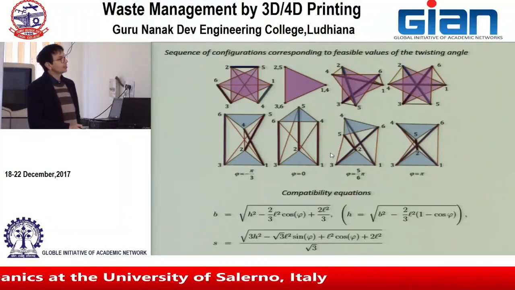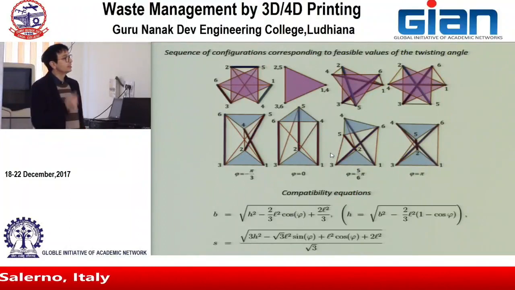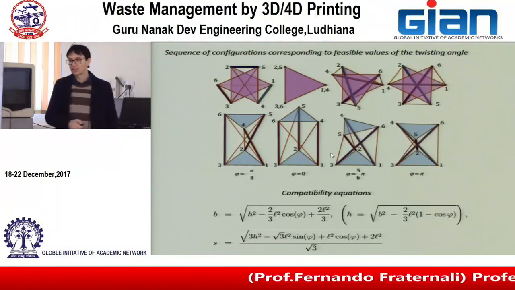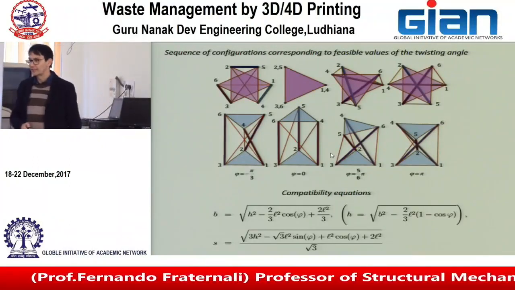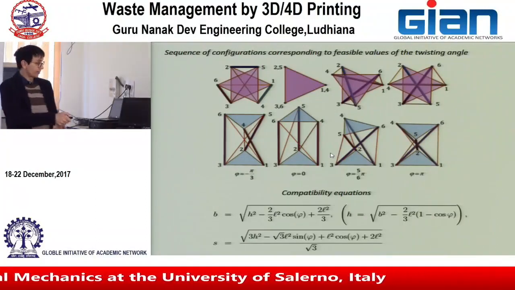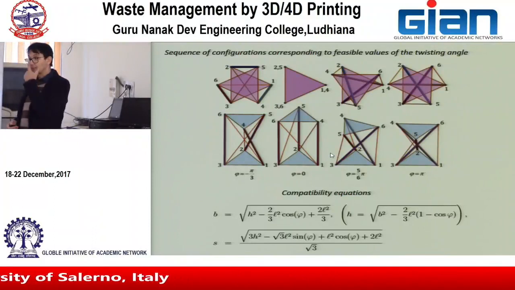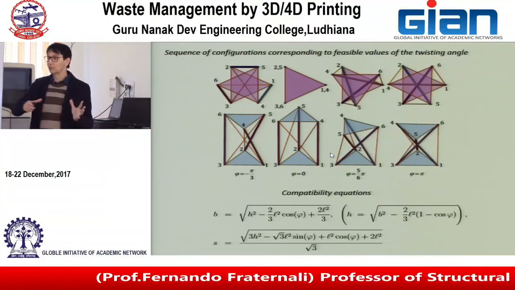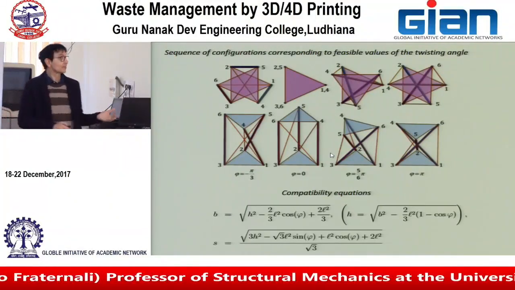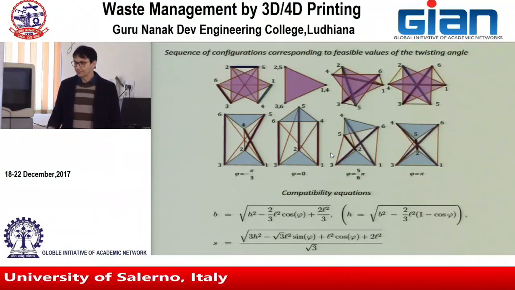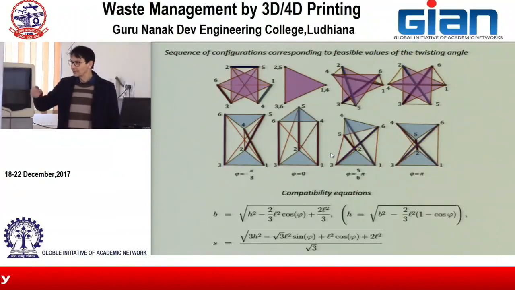And we will see this is a noticeable value of phi, 5/6 of pi, because when phi is equal to 5/6 of pi, the system becomes pre-stressable, so it can be freestanding. Okay? Those are possible configurations geometrically, but in order for those configurations to be reachable, you must apply forces.